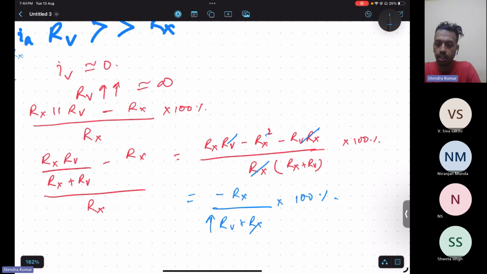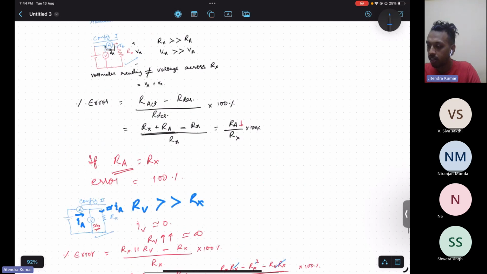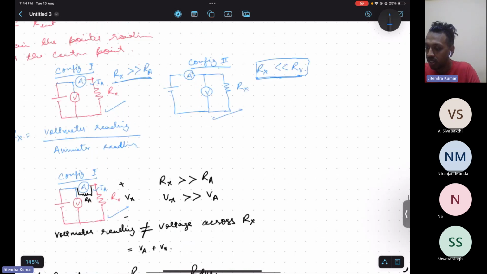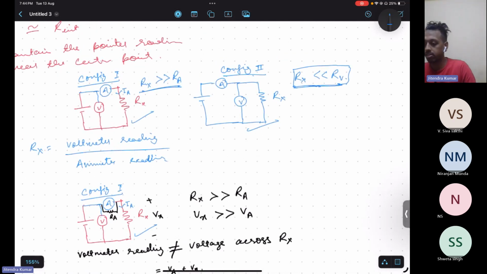That is all the negative sign signifies here. I hope you got it. Any doubt in this? So you have to keep both configurations in your mind, that is, when to use which configuration.